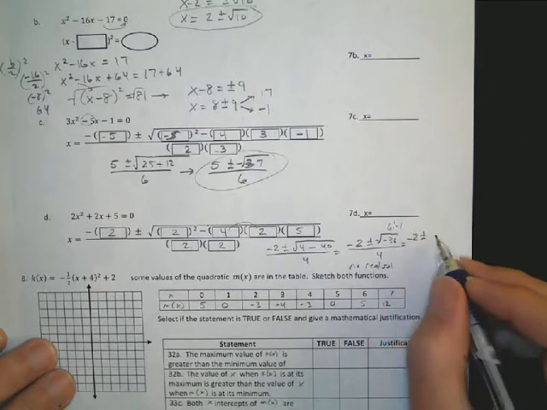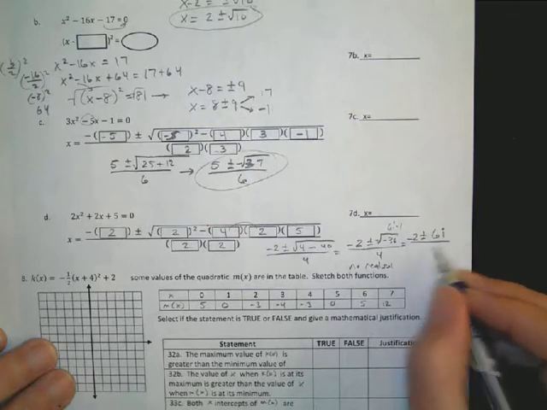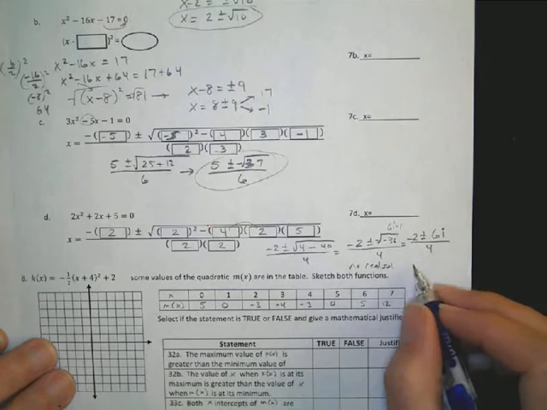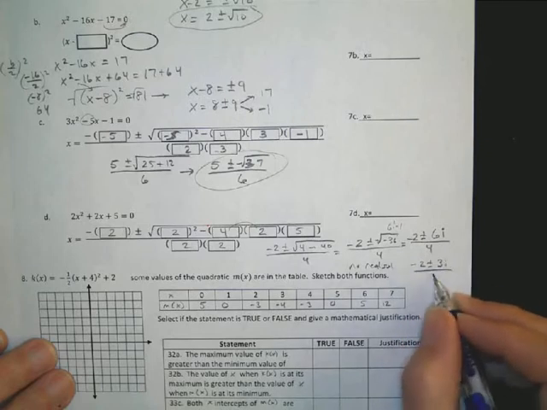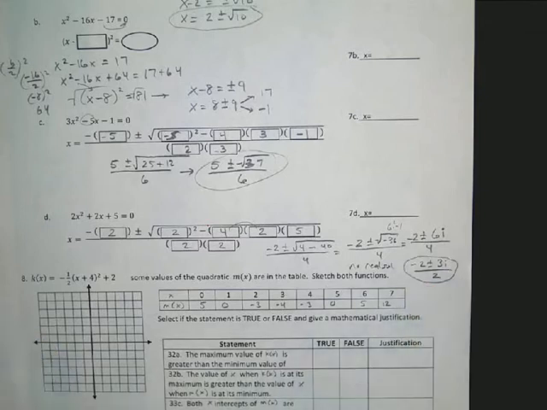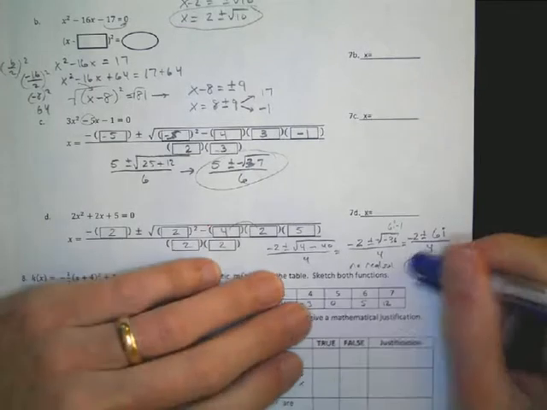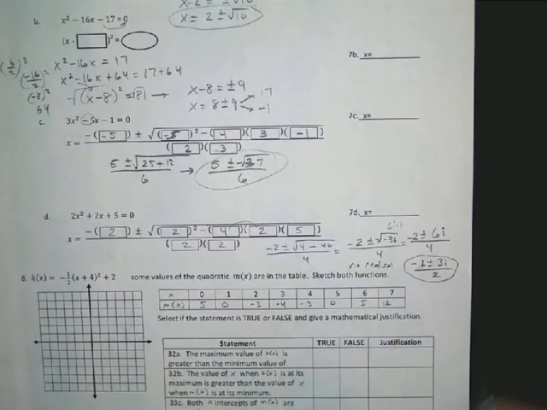So 6 comes on the outside, and so does the negative 1, for 6i over 4, which could reduce to negative 2 plus or minus 3i over 2. So I could get a solution with an imaginary number that looks like that, but there really are no real solutions. But if you had to get a solution using an imaginary number, that's what you would do there.